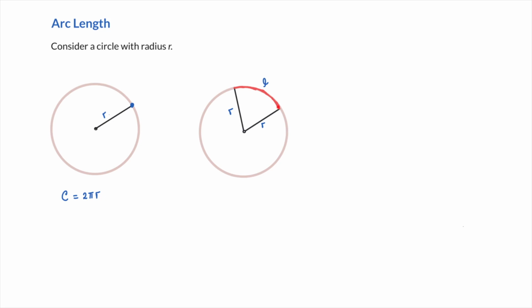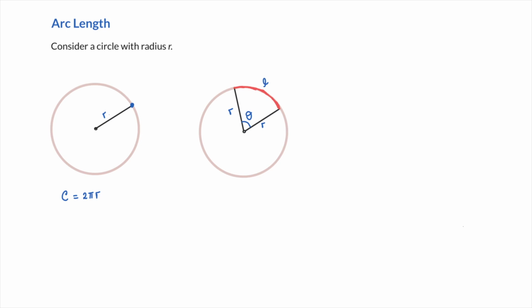Look, this piece of the circle is associated with this angle right here, and it's called the central angle. And why central angle? Because the vertex of the angle right here is precisely the center of the circle. So such an angle is called a central angle. Let's go ahead and call it theta.